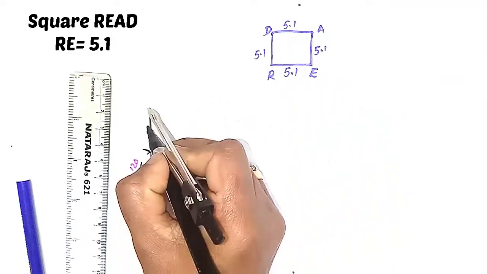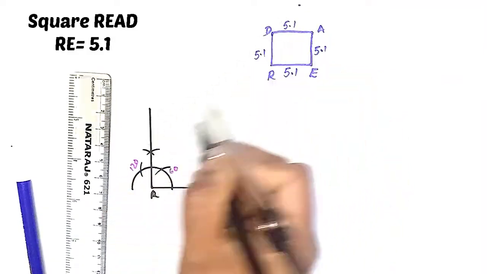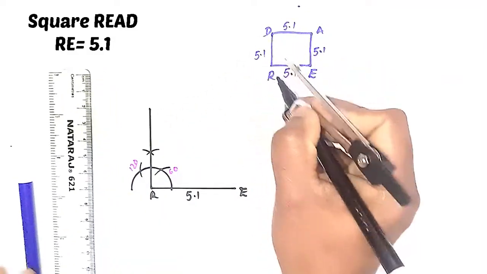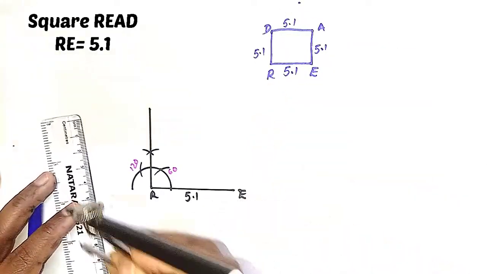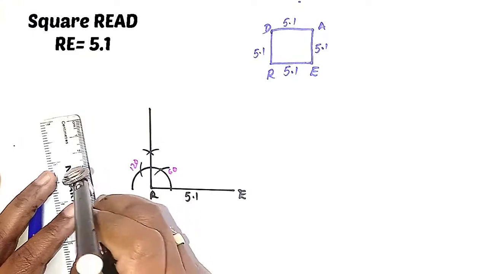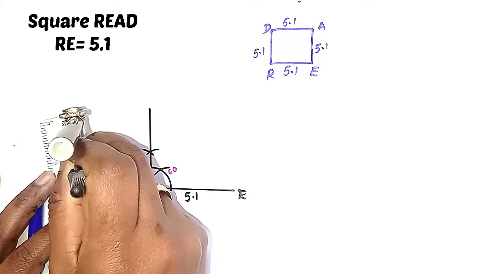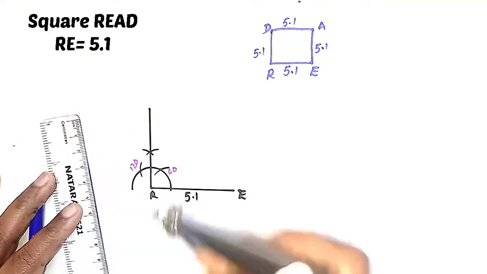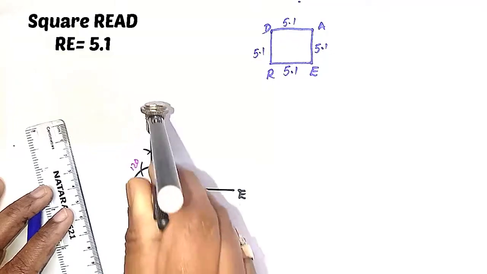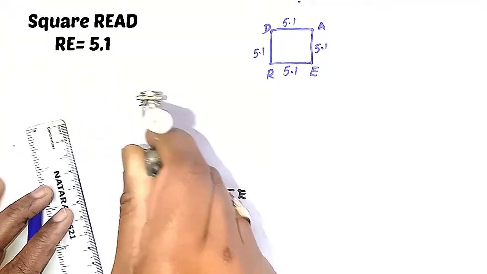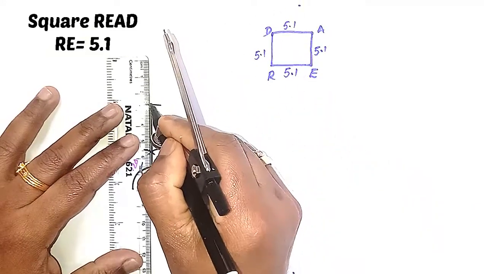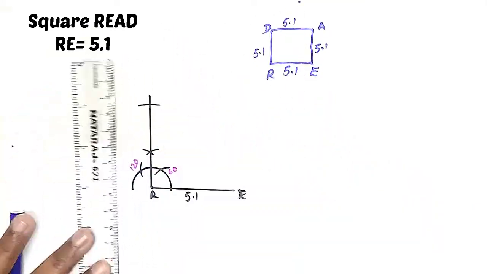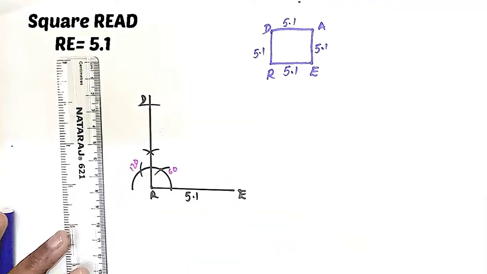So somewhere here only is point D. So D is 5.1 centimeter away from R. So we need to take 5.1, this much. Then with the point R you can draw a small arc. Extend this line. So this point is D.